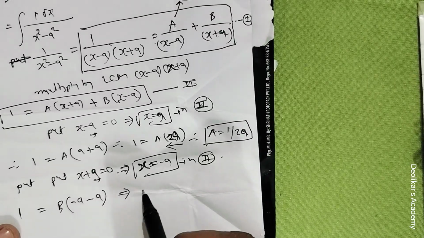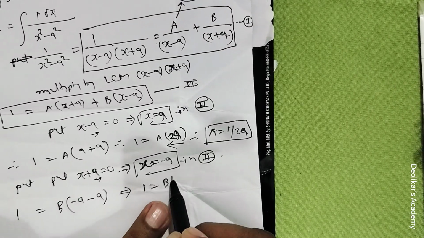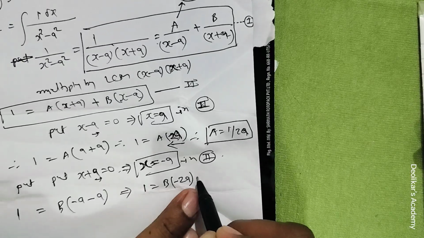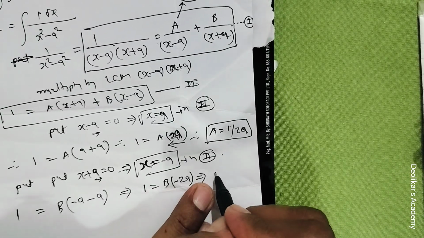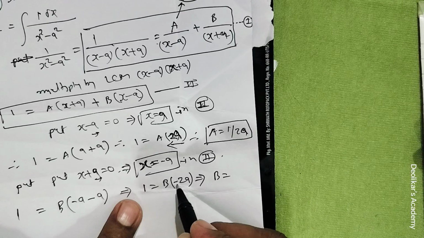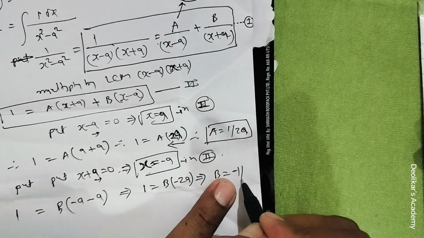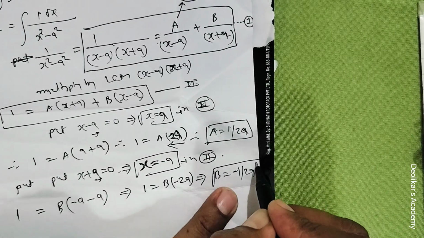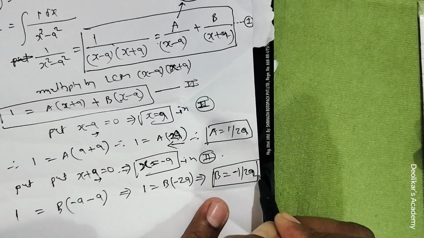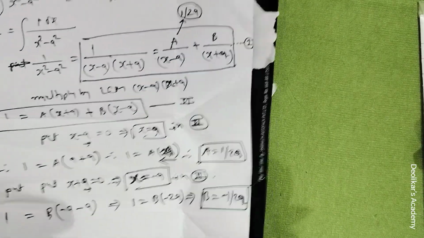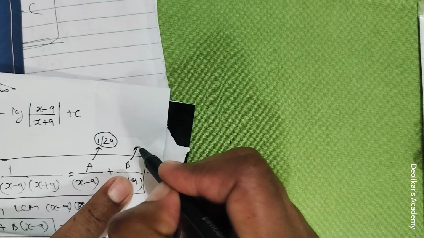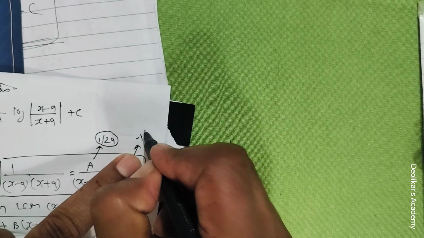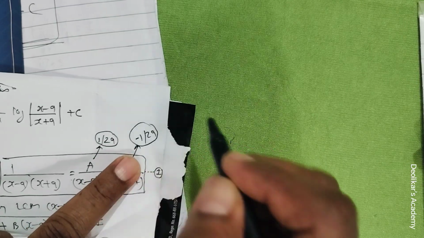This gives 1 is equal to B into minus twice a. This gives B is equal to 1 upon minus twice a, so minus 1 by 2a. Now instead of this B, you will use the value minus 1 upon 2a.